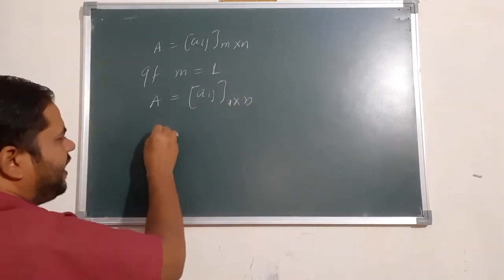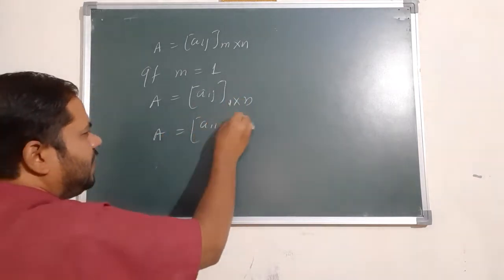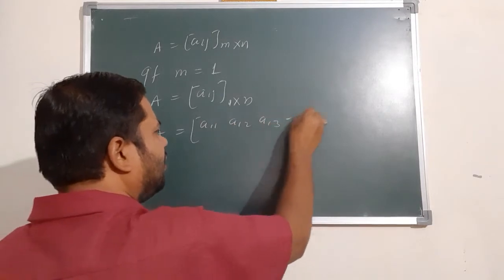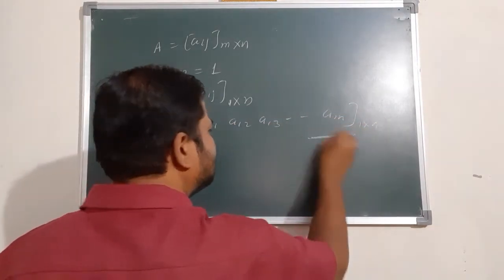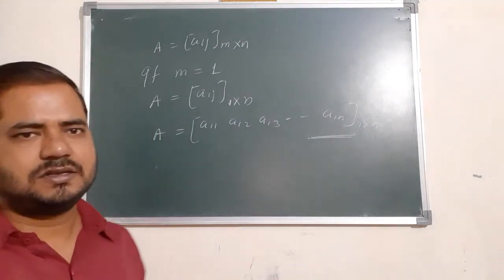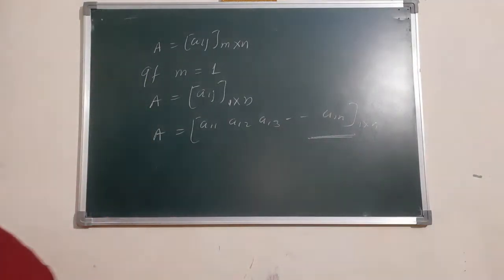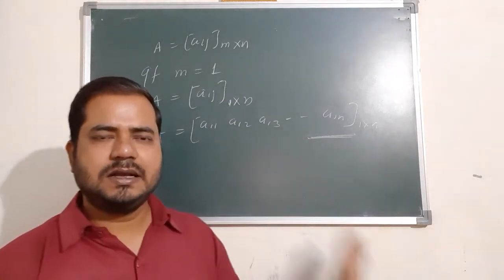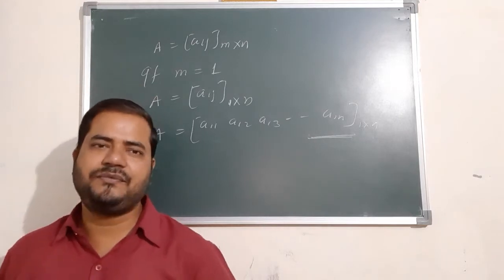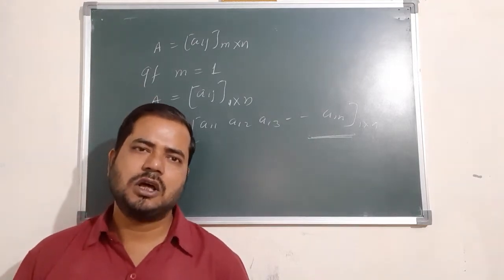So if we expand it, A11, A12, A13, dot dot, A1n. So 1 cross n. This is the row matrix. Clear? That means a matrix is said to be a row matrix if it has only one row.